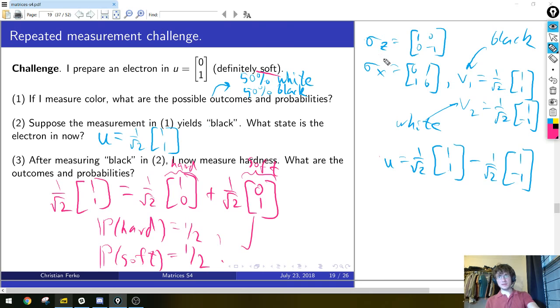So I'm not claiming that this really gives you the full story, but it is at least true that if we assume that this matrix model describes the way that electrons move, then the output of this mathematical procedure is consistent with the output of the experiment, right? So this explains, in some sense, why measuring color of soft electrons and then measuring hardness again will give you electrons that are half the time hard.